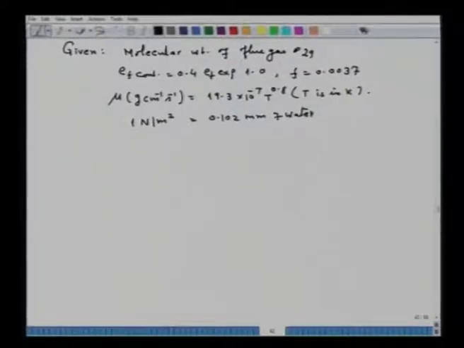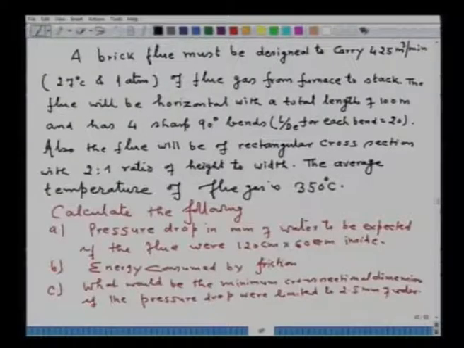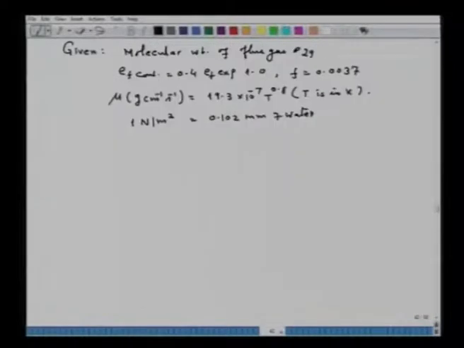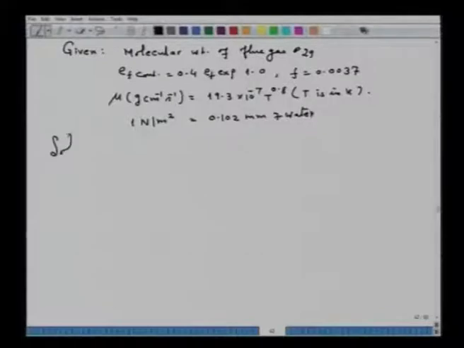Now, we have to find out first of all the pressure drop in millimeter of water to be expected if the flue were 120 centimeter into 60 meter inside. So, let us now straight away, since the design of the flue is not given, but it is said it has 4 sharp bends. So, the solution of the problem, we will have to first of all think how the flue is.